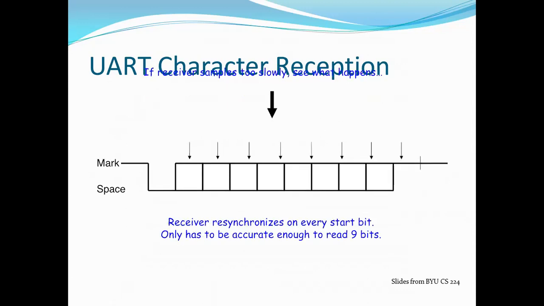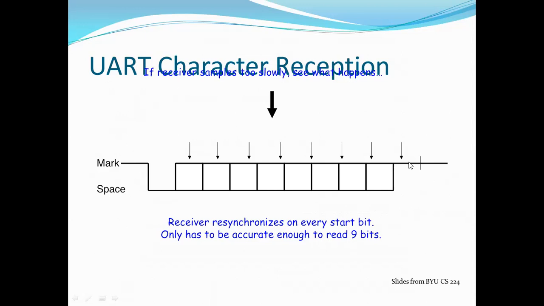So here we see if a receiver samples too slowly, that means when a receiver receives a start bit, it comes across all the bits. If the receiver receives the bits slowly, it can go beyond, and within the clock time the receiver can't receive the packets.